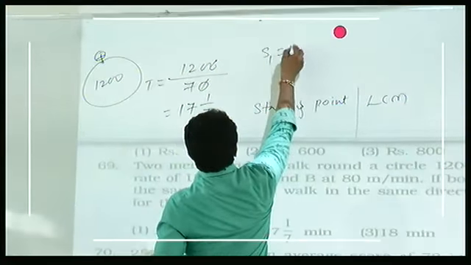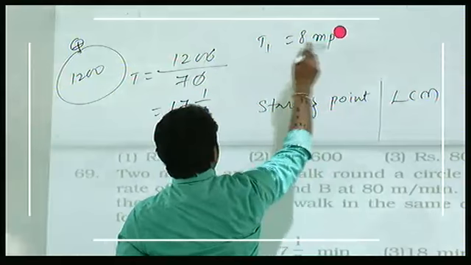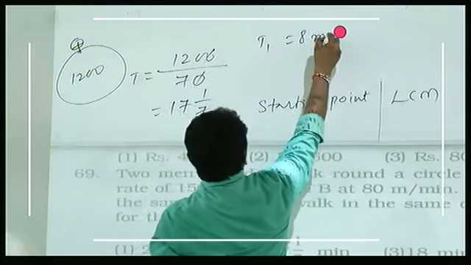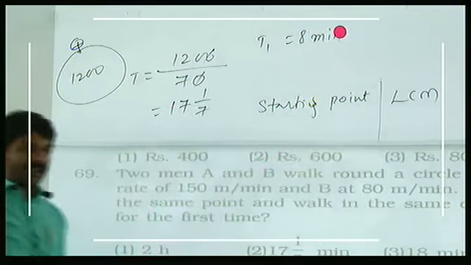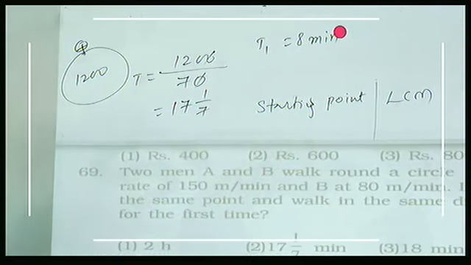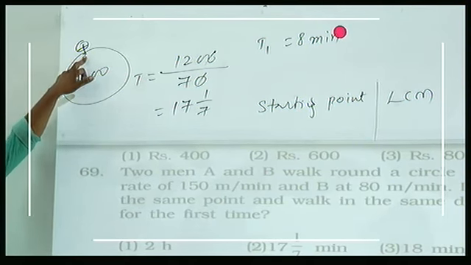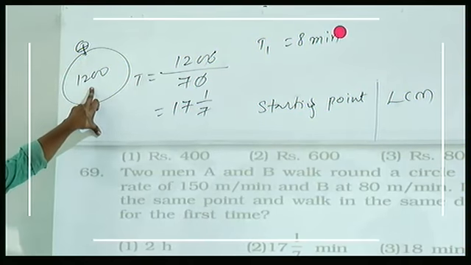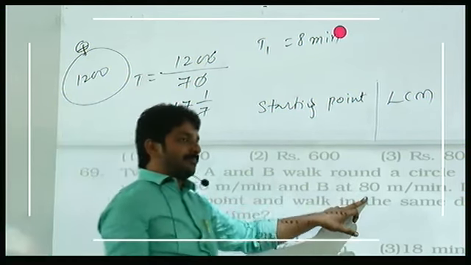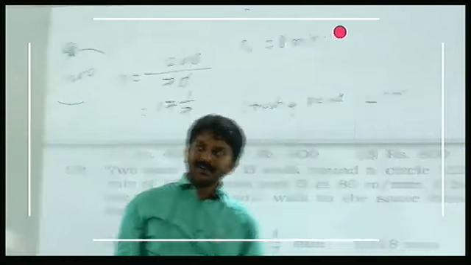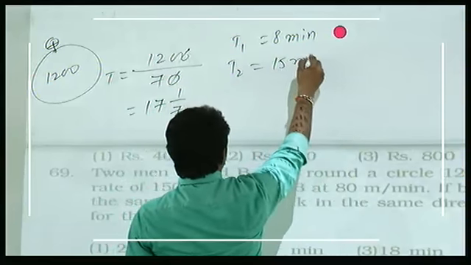Time taken for the first person to reach the starting point is 8 minutes. And for the second person to cover 1200 meters at the rate of 80 meters per minute, how much time will he take? 15 minutes. So the time for the second person to reach the starting point is 15 minutes.